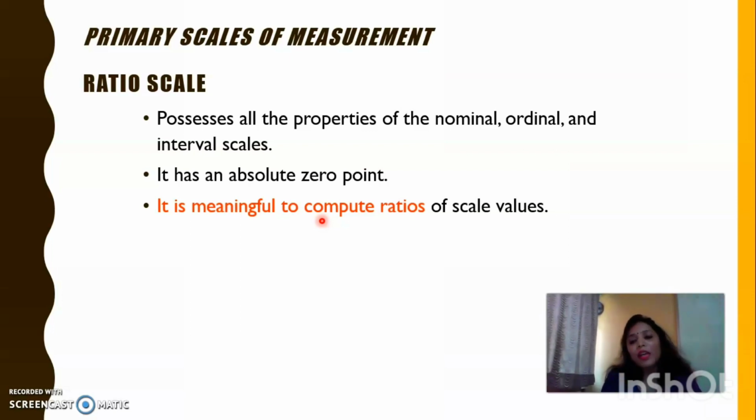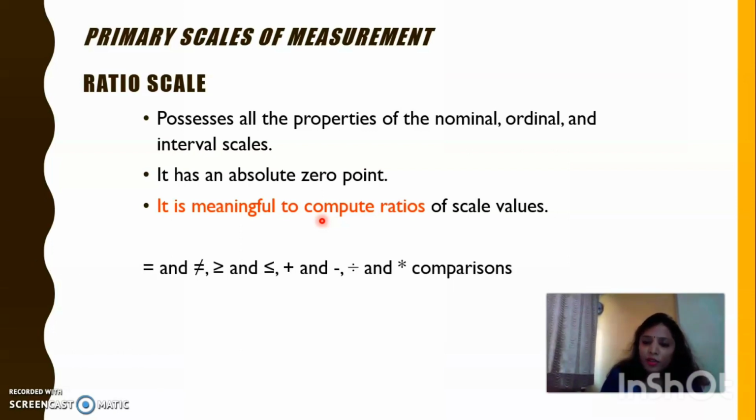Say for example, in case of apples, if the weight of the apples is measured, that is the data which is asked on a ratio scale. Now I can find out the ratio. I can take weight of one apple in the numerator and weight of another apple in the denominator, right? Because it will be in grams or kgs.